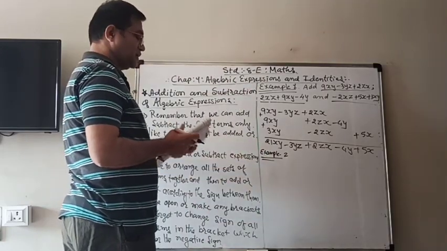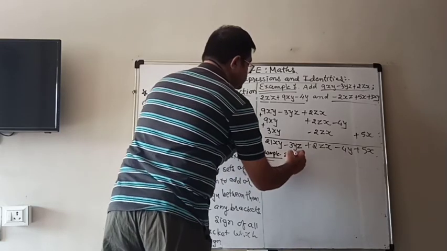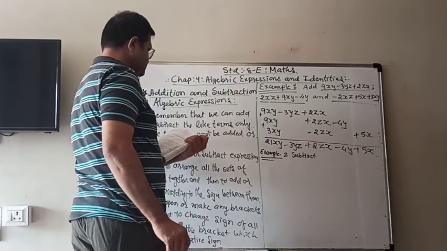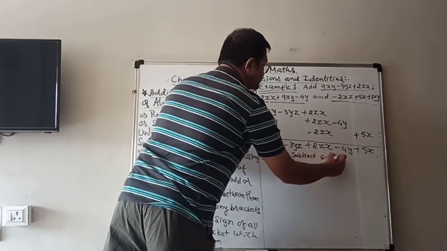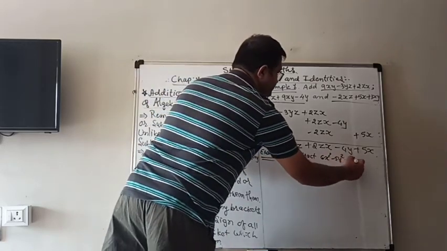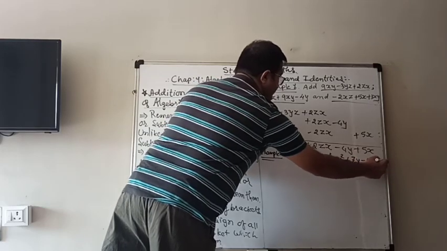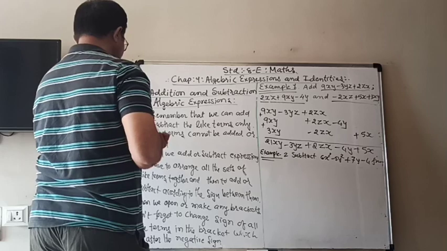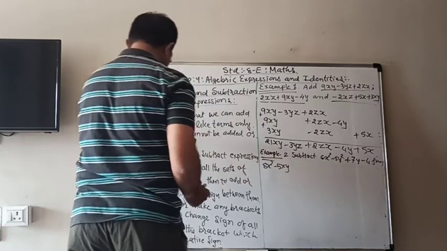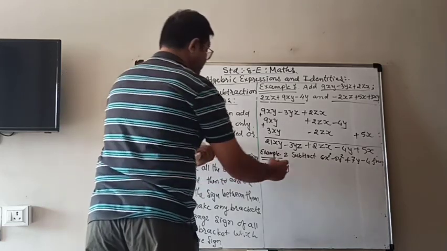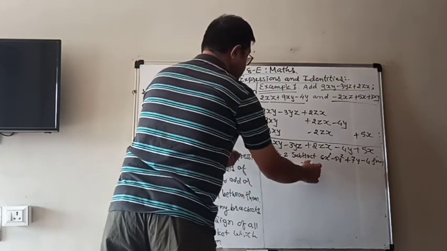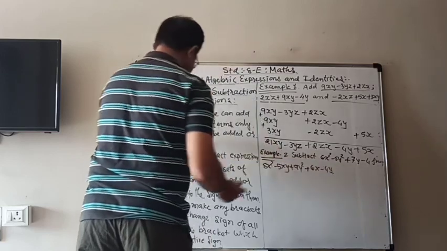That is, subtract 6x square minus 5y square plus 7y minus 4 from 8x square minus 5xy plus 9y square plus 6x minus 4y.